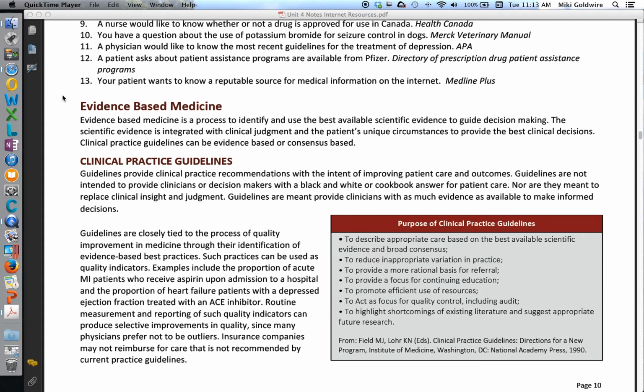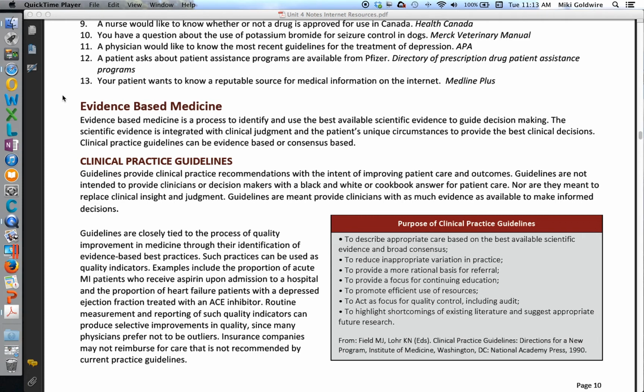Guidelines are closely tied to the process of quality improvement in medicine through their identification of evidence-based best practices. Such practices can be used as quality indicators. Examples include the proportion of acute MI patients who receive aspirin upon admission to a hospital and the proportion of heart failure patients with a depressed ejection fraction treated with an ACE inhibitor.